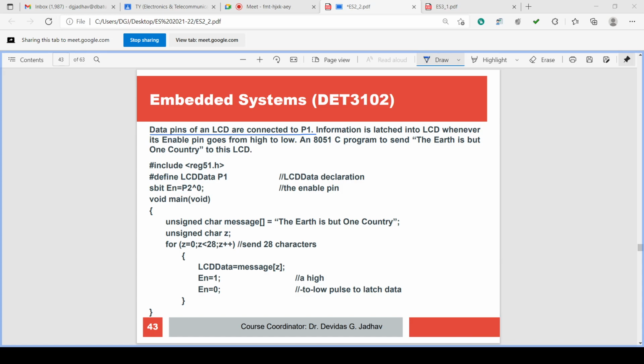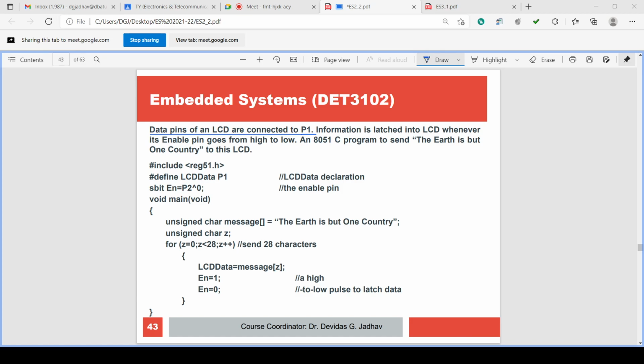To display these characters on the LCD, there is a memory which can store these 32 characters. And you can display any characters like A, B, C, D, 1, 2, 3, 4, special symbols, asterisk, star, or hash, ampersand. You can display exclamation mark, question mark, full stop, comma, semicolon.